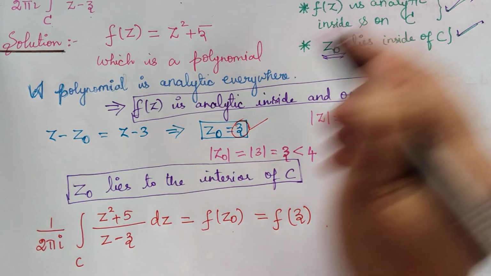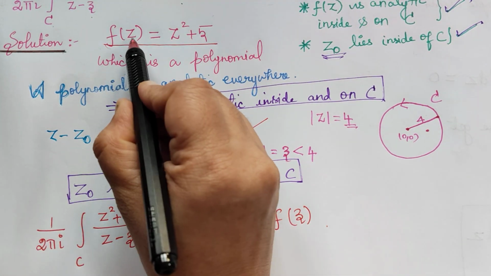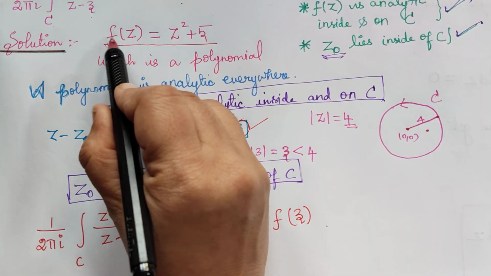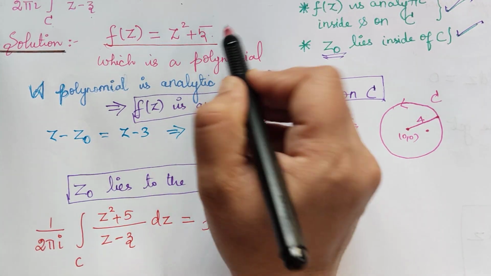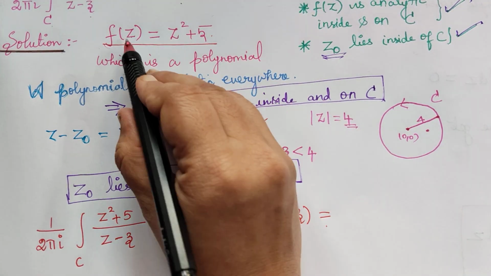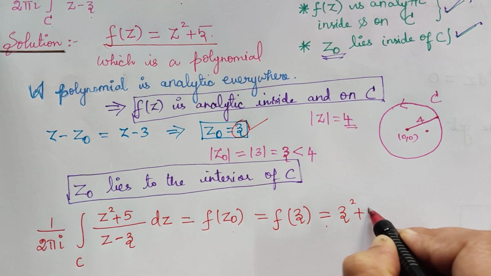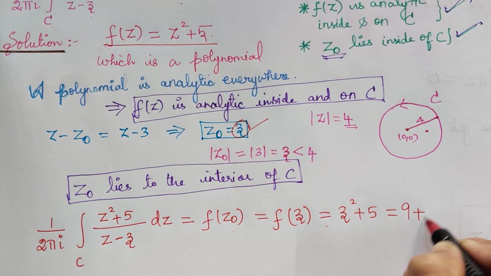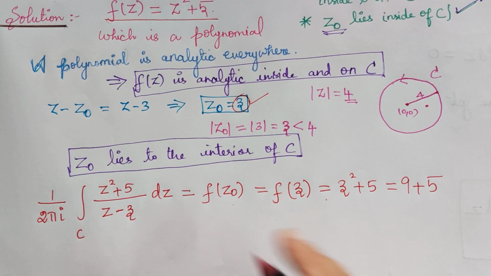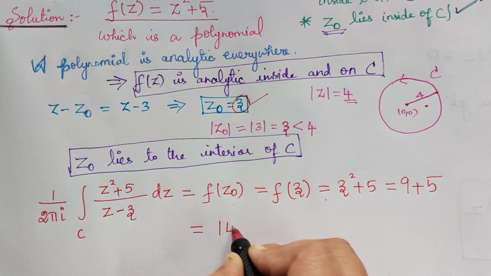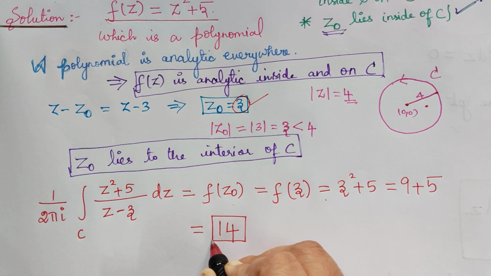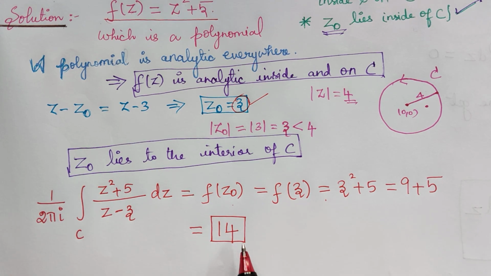Now the function f of z is z square plus 5, so in the place of z we replace it by 3. So f of 3 is 3 square plus 5, which is 9 plus 5, and therefore this integral has been evaluated to be equal to 14. So this is the answer.